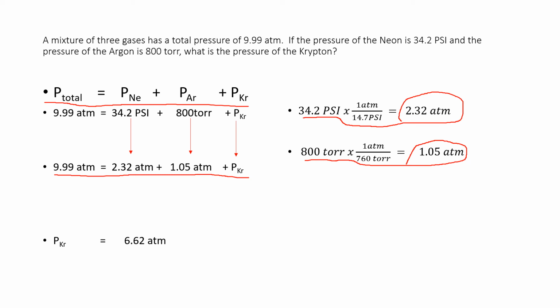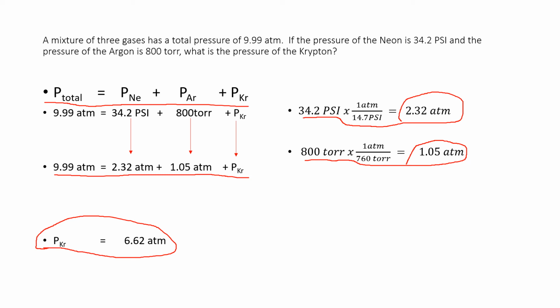So subtract off the 2.32 and the 1.05 in order to isolate the pressure of the krypton, and we would get the pressure of the krypton to be 6.62 atmospheres. Dalton's law of partial pressures is real easy to go back and double check yourself for, because if the sum of the parts equals the total, it has to be right.